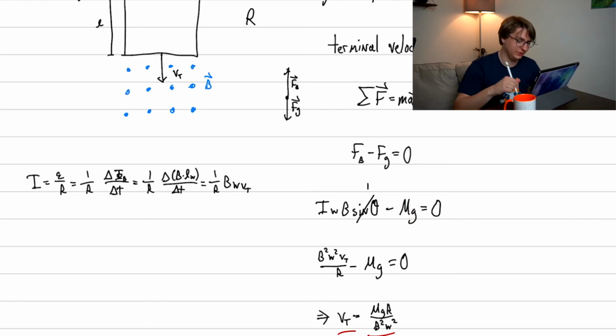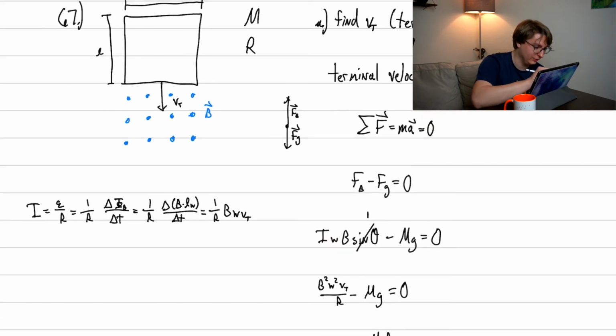But recall from the last section that we can take the magnetic force from a wire as being the current times the length of the wire. So what's relevant? Only this bit is going to end up mattering, the width of this wire. Just like in the problems before, these two little bits, when they're both in the magnetic field, are going to cancel each other out.